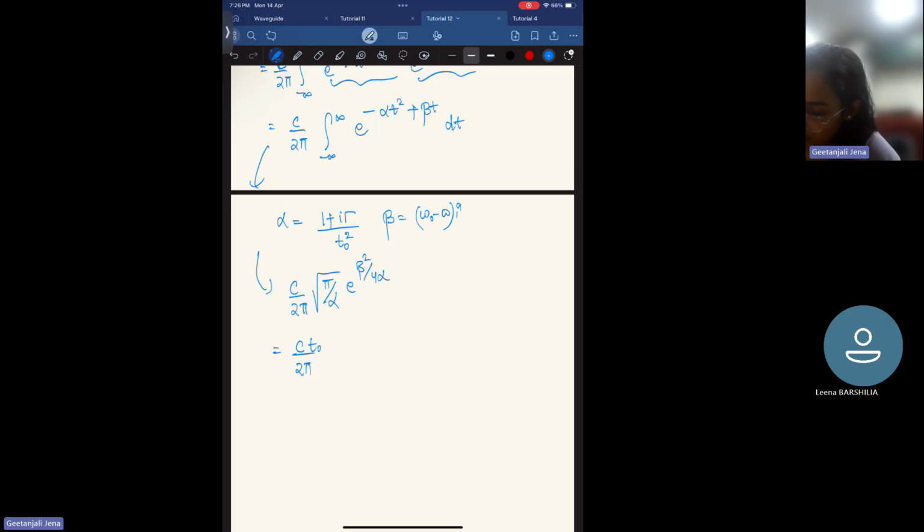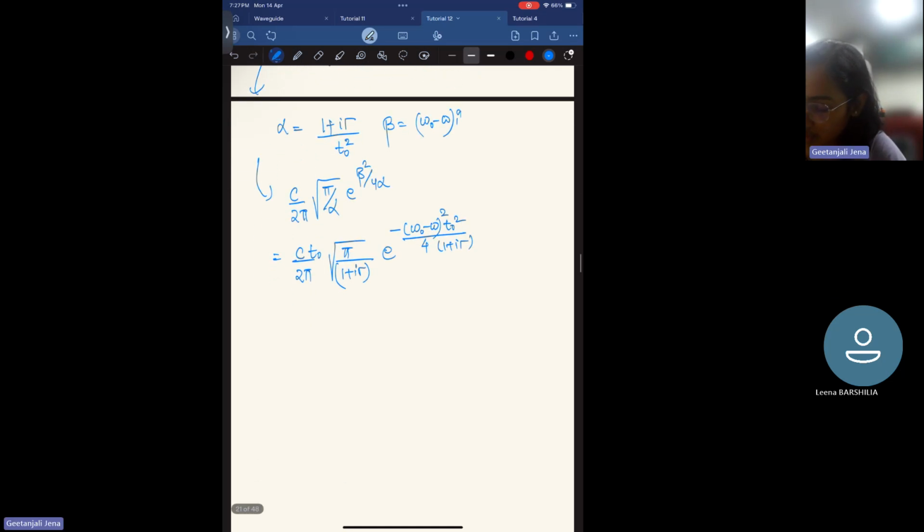So this is root pi over 1 plus i gamma and beta squared, so this is (omega 0 minus omega) square over 4 alpha, 4 times 1 plus i gamma. So this is the spectrum A of omega.